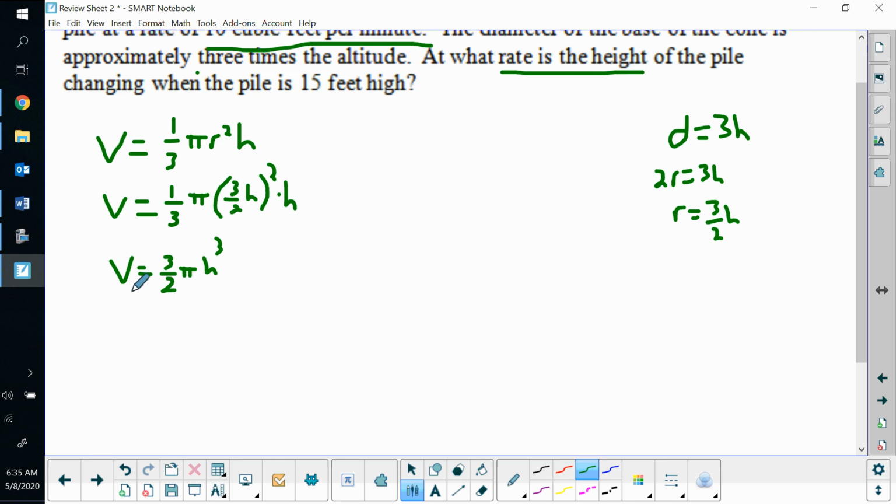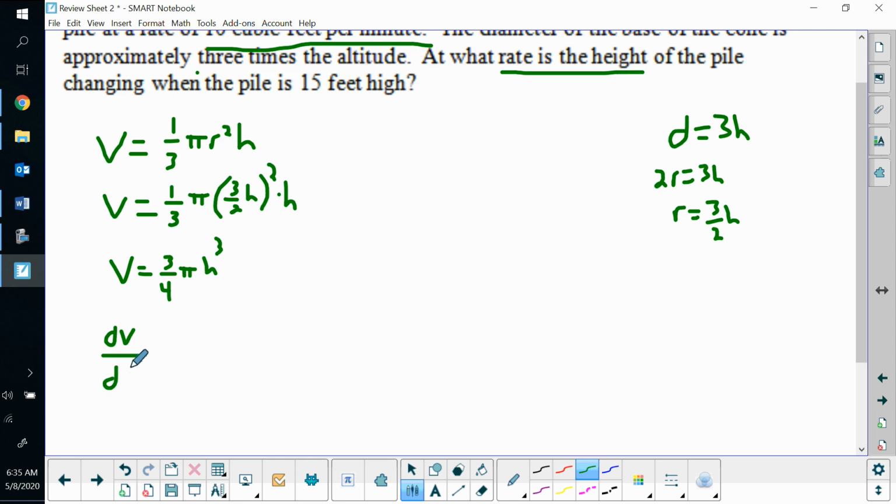Sorry about that, that should be a 4 on the bottom there, not a 2. Now we only have variables that we either know the rate, the V, or want to find the rate, the h. So we're ready to take the derivative.